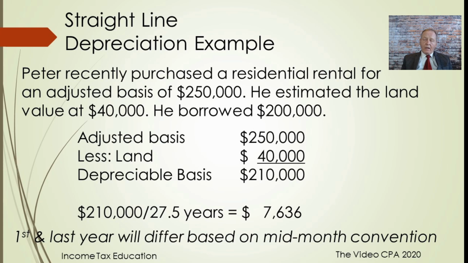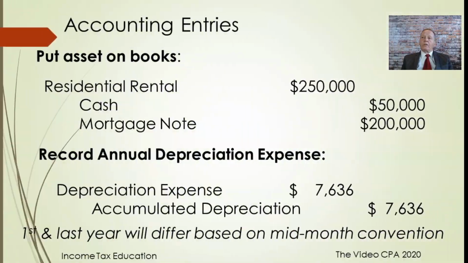So with that, let's look at the accounting entries and how you would account for this. If you're using QuickBooks or doing it by hand or using Sage, there's a lot of good accounting products out there. To put the asset on the books, you're going to debit your residential property, which is an asset, for $250,000.